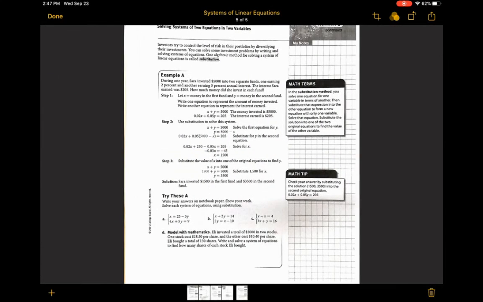Okay, so this next page, you guys have this written down. I want to go through this though.